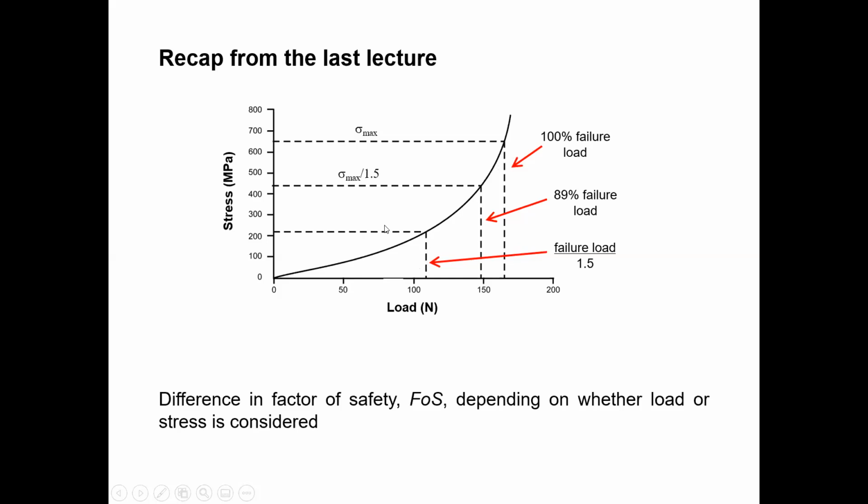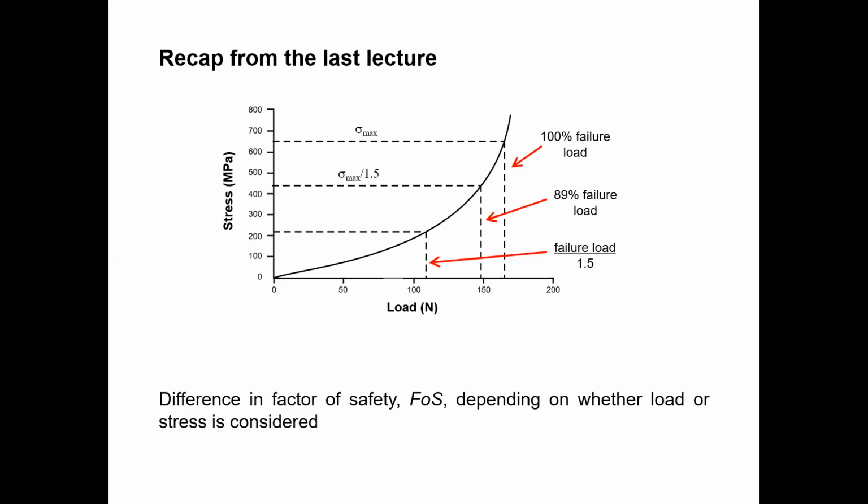If we have nonlinearity between the load and stress, that means if you increase the load by 1 Newton and the stress increases by 1 megapascal or 2 megapascal, and if it is linear, if you increase 2 Newton, the stress increases 2 megapascal or any other unit, at the same rate, so you can use either stress. So you know what the factor of safety is? Factor of safety is the maximum stress divided by the stress you are going to apply on that.